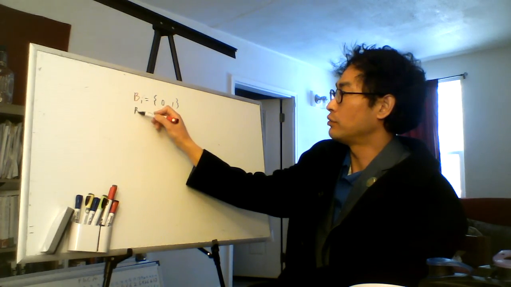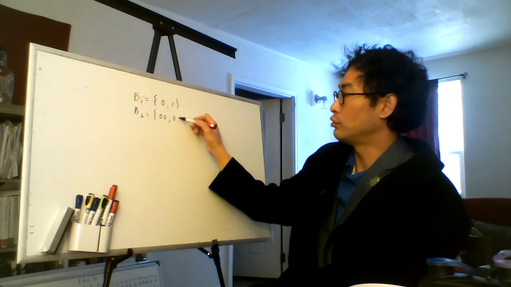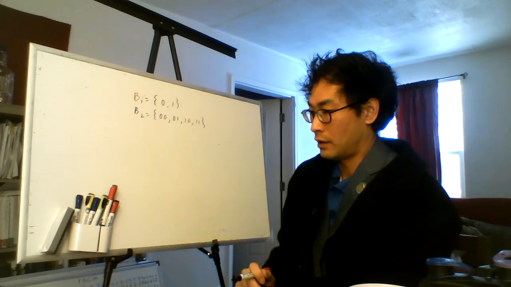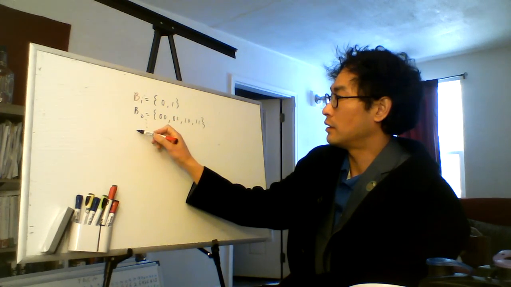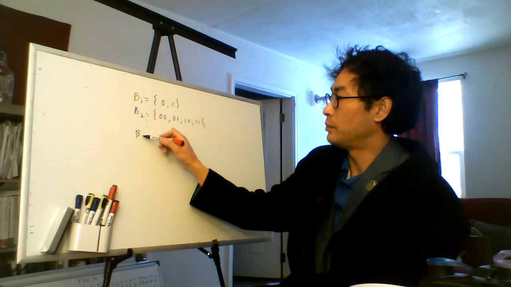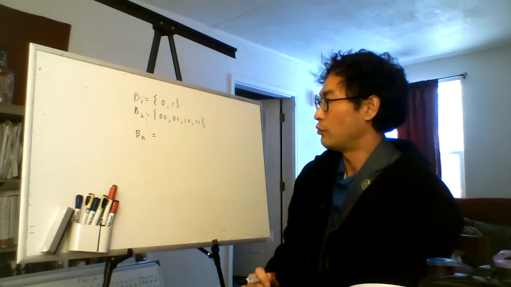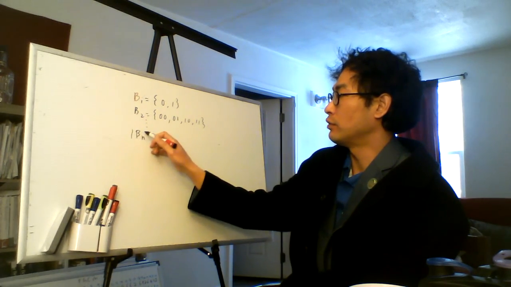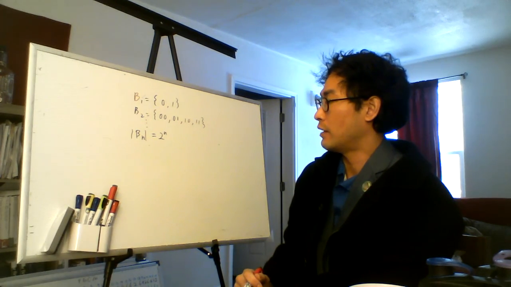B2, the set of binary strings of length 2. Dot dot dot. Bn contains all the binary strings with length n. Absolute value, yeah, 2 to the n.